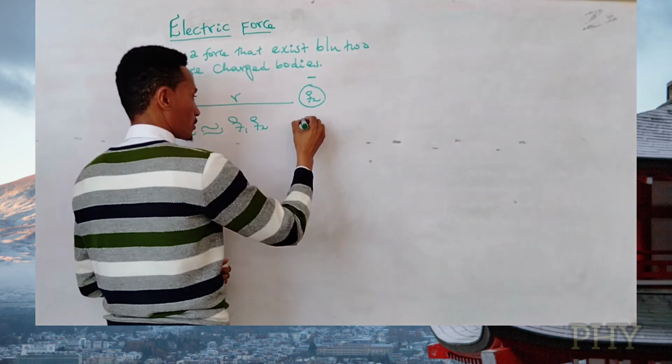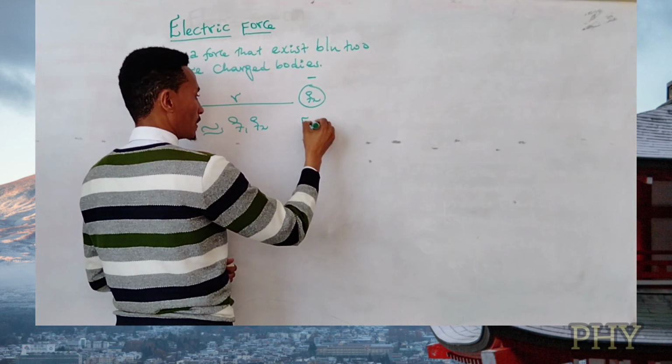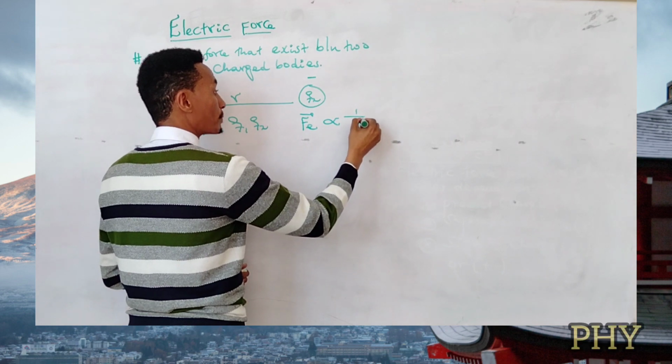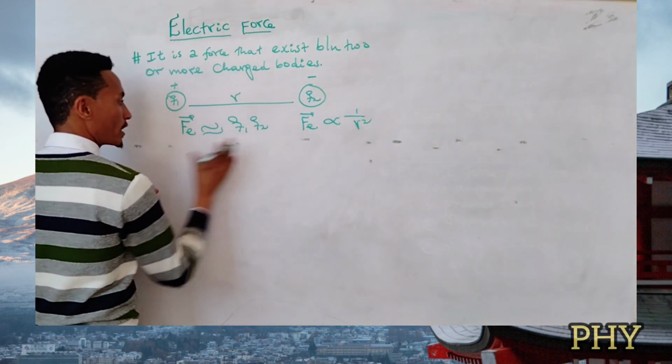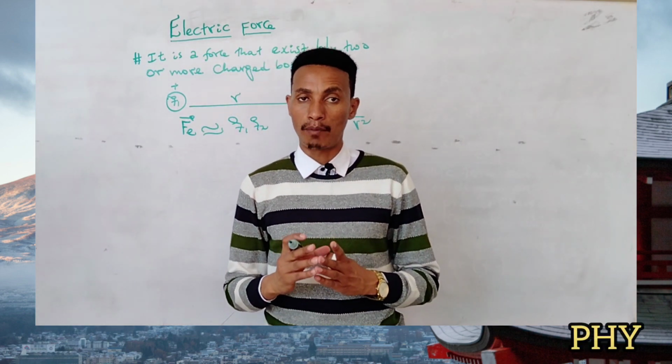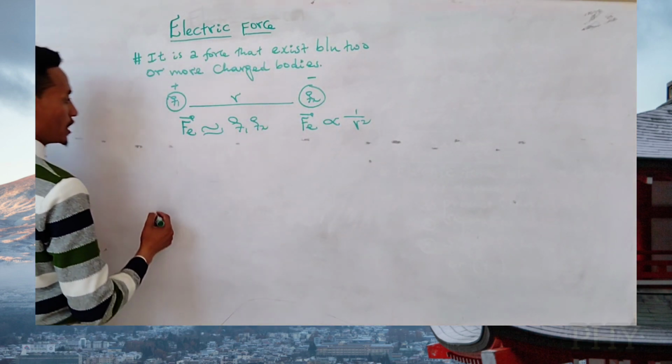Again, this electric force is inversely proportional to the square of the separation distance. This is the way Coulomb's law is indicated based upon the electric forces.